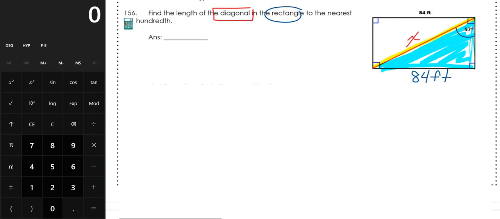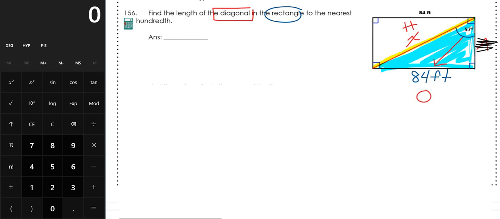Now, labeling some things in, I'm going to start by labeling 84 feet as my opposite. My adjacent is the height of this rectangle, and the hypotenuse is the diagonal that we want to solve for. So since I don't have any value for the adjacent and I'm not trying to find it or solve it, I'm going to cross it off.